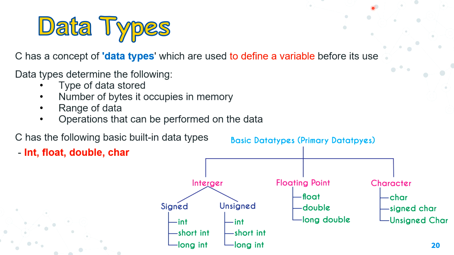A data type determines the type of data stored, how much memory is allocated, the range of values allowed, and what operations can be performed on the data. Understanding data types is fundamental because they ensure correct memory usage, valid operations, and accurate results in C programs.